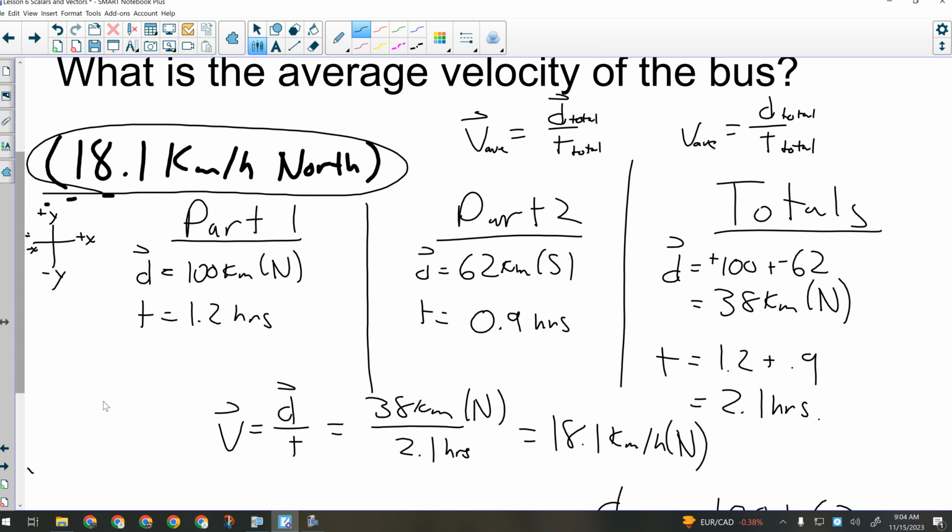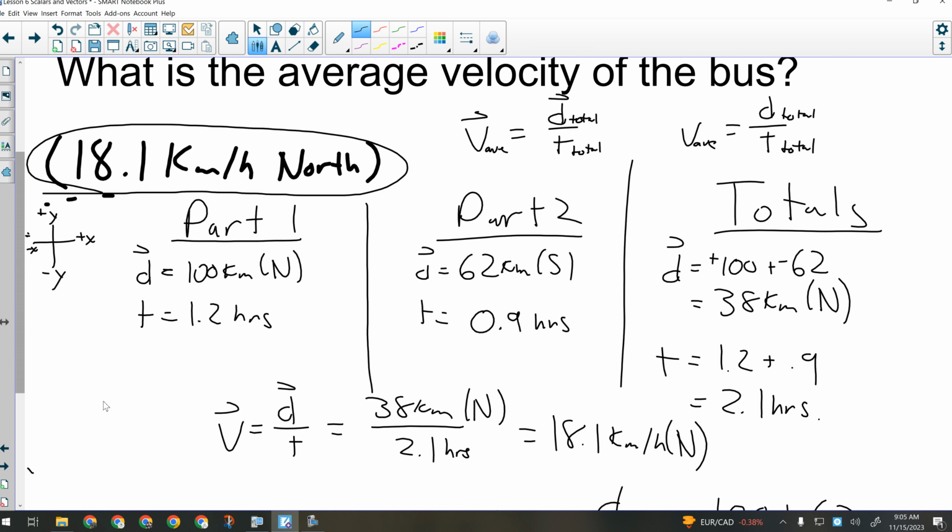Okay, now, what if there was a part B on this and it said, what is the average speed over the whole trip? What would you do differently? You would add the 62 kilometers an hour instead of subtract it. Yeah, because speed is scalar and speed is distance divided by time, distance also being scalar, direction no longer matters.